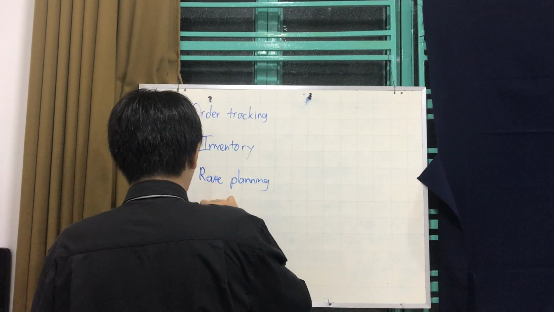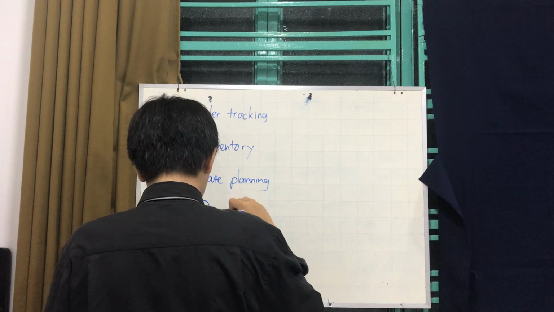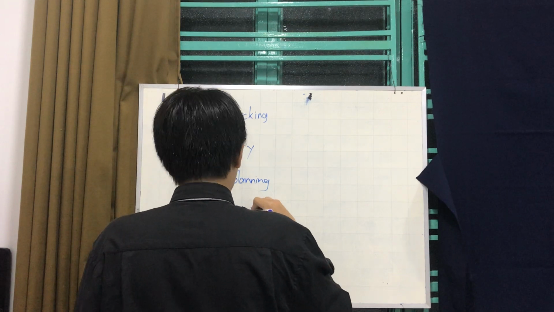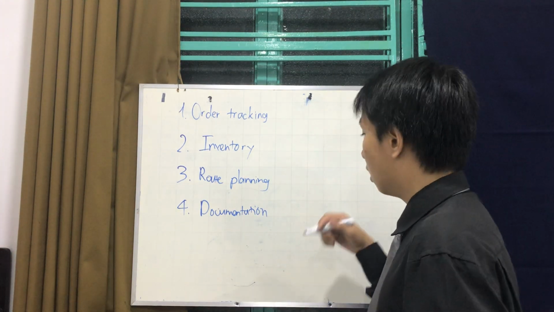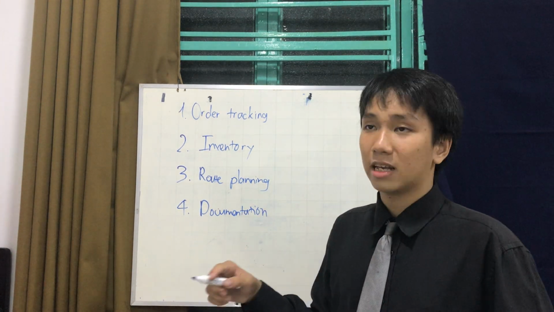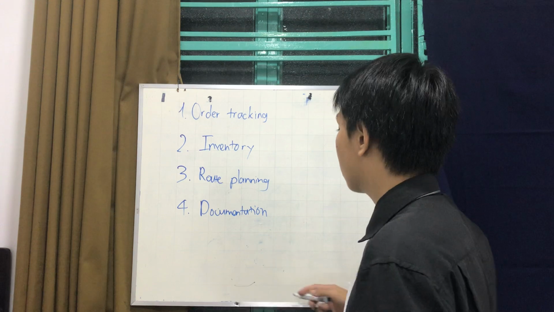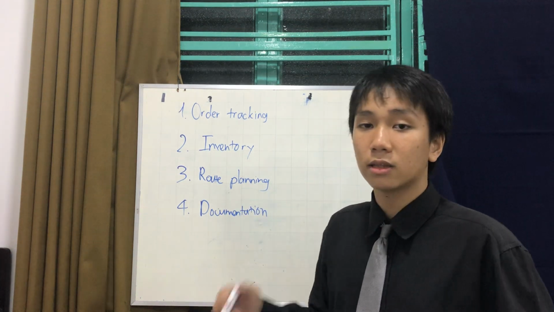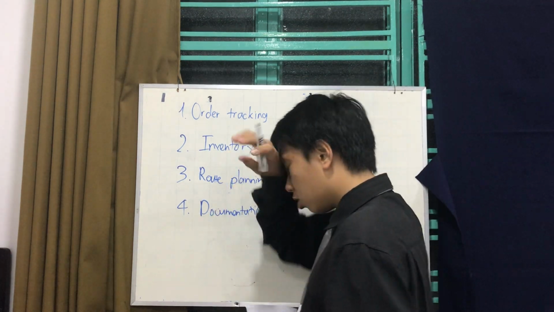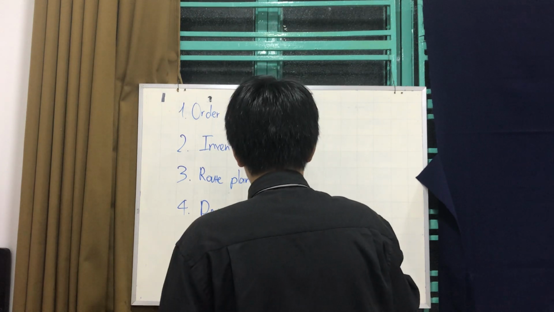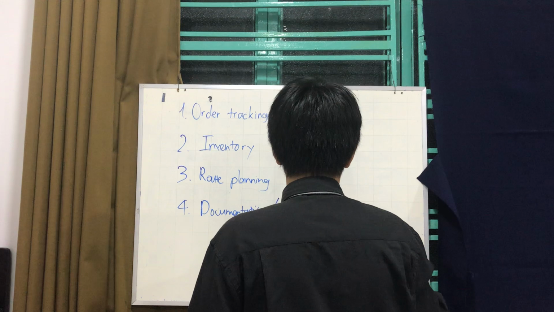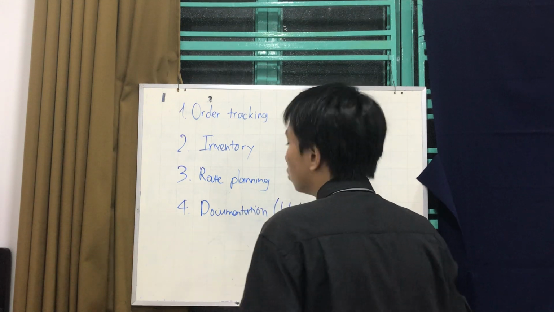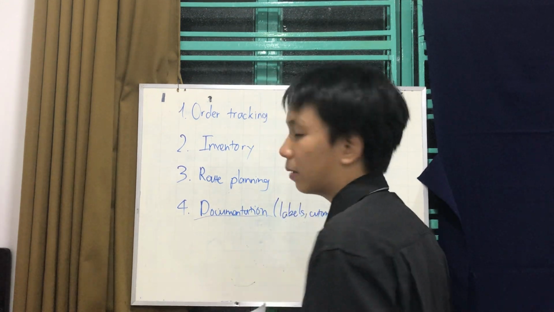Fourth, documentation. Documentation refers to the shipping labels, the expiry dates, the customer forms and things like that. So documentation: labels, customer info. Now, why do we need to automate the documentation?